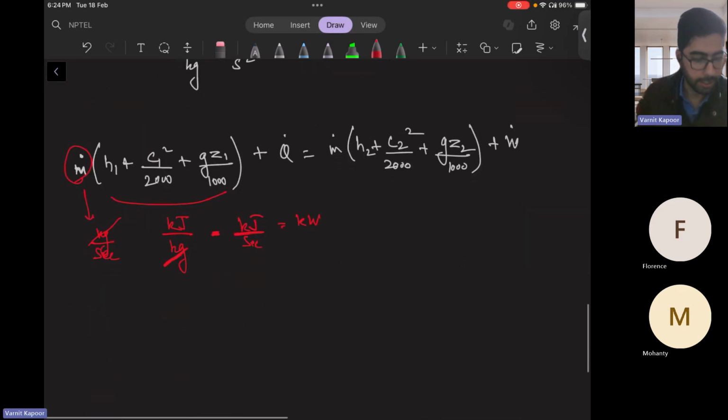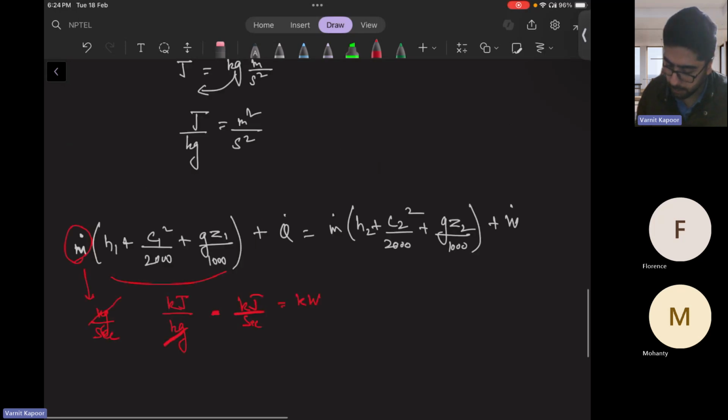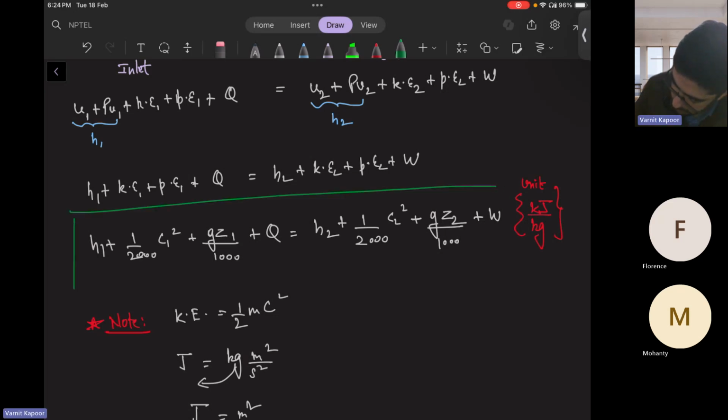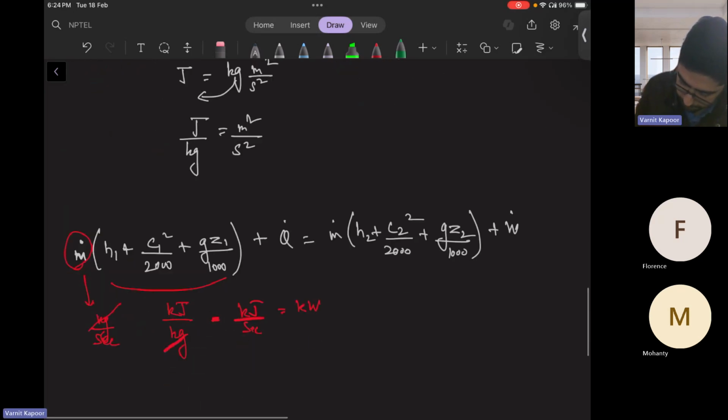All right, this is the whole concept of the steady flow energy equation. Both of these are very important. Similarly, this equation as well.